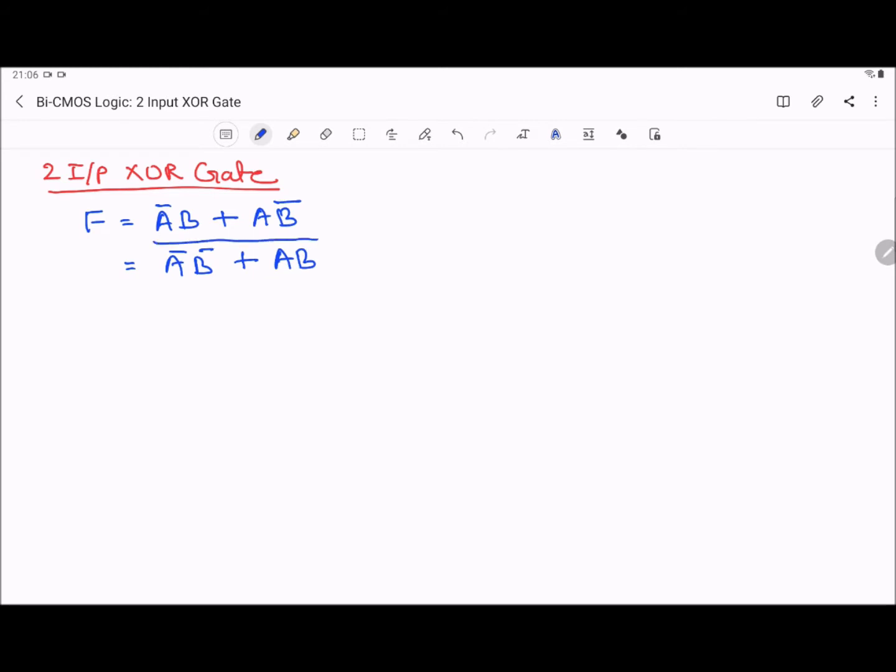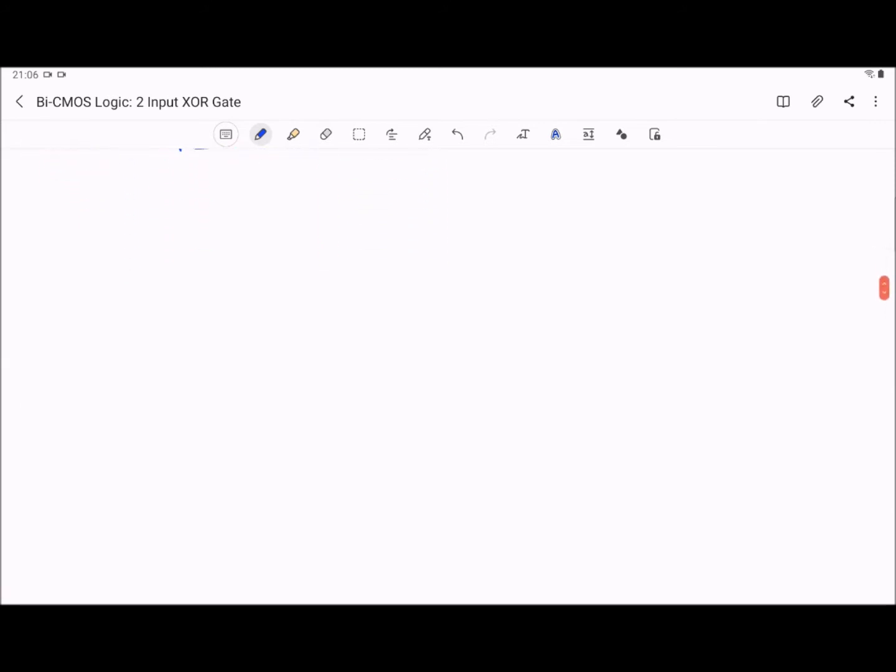As we know, any function that we implement in BiCMOS logic is in a complemented form. Therefore, I am going to use equation 1 to implement my two input XOR gate. Here one more thing I want to tell: I am going to treat a and a bar as separate variables, similarly b and b bar.